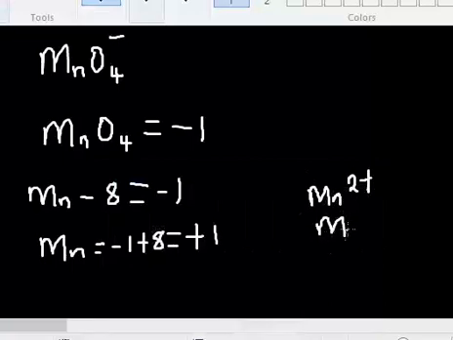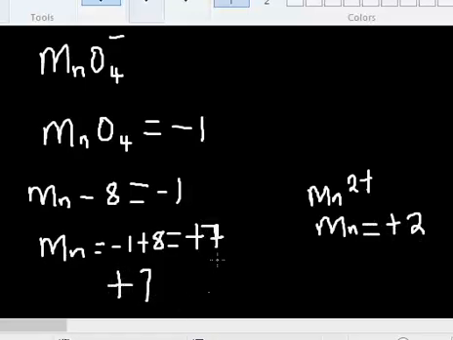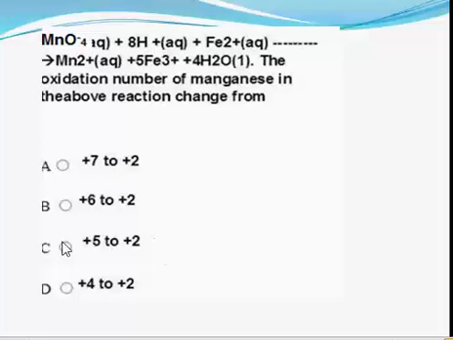So that means the oxidation number of manganese at the product side is plus 2. So the oxidation number actually changes from plus 7 to plus 2. So manganese was reduced.